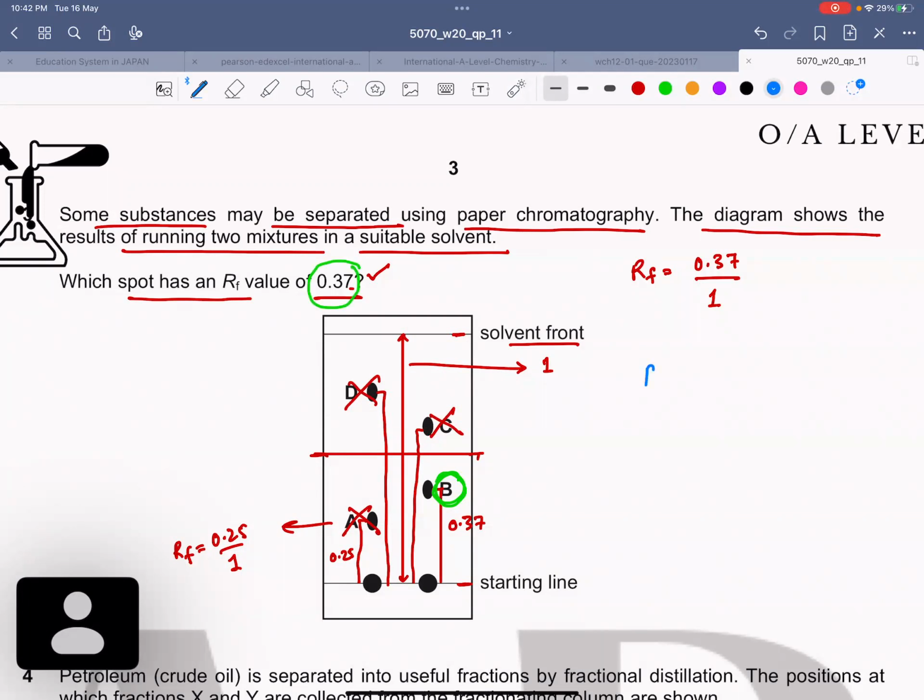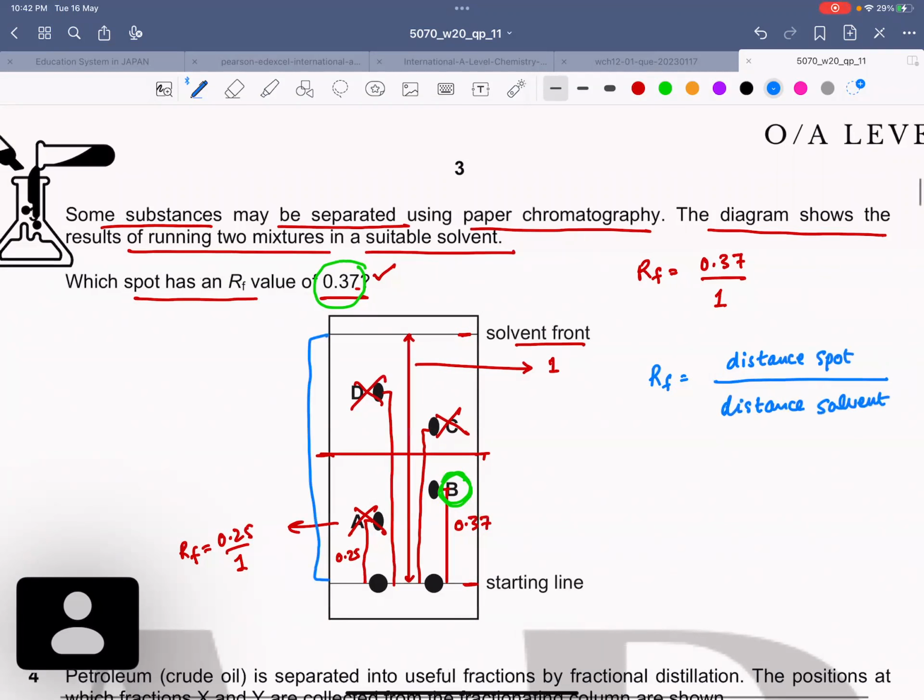So RF value is actually measured by the distance traveled by the spot divided by the distance traveled by the solvent. So this is the distance that is traveled by the solvent. So you can measure it by the ruler, and then you can measure the distance of each spot from here.